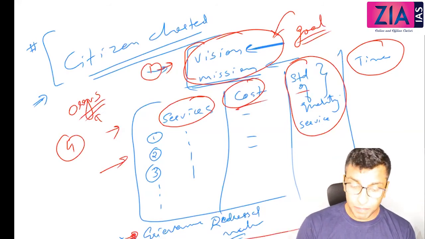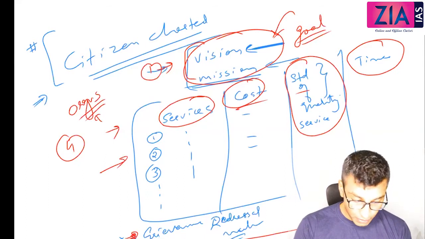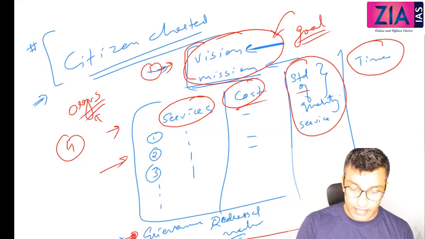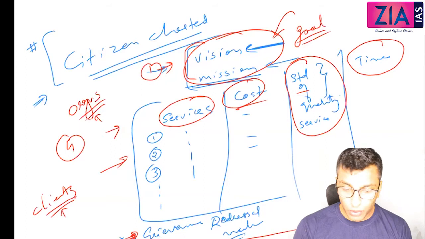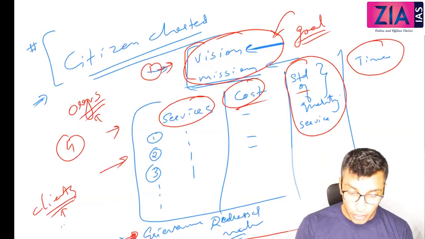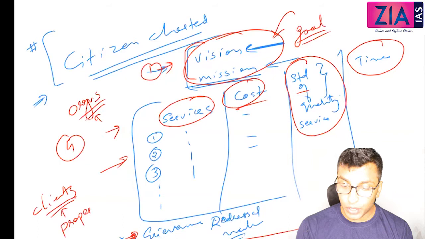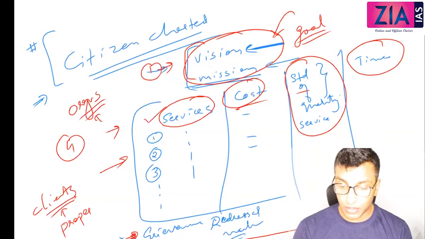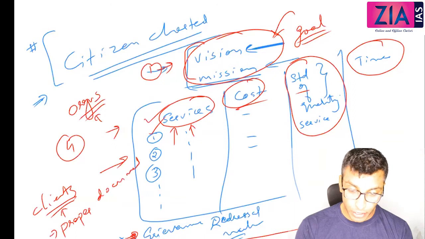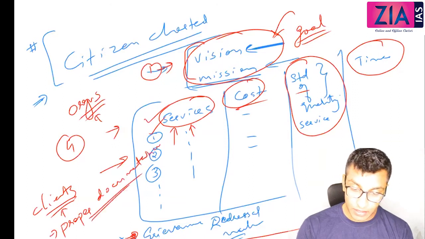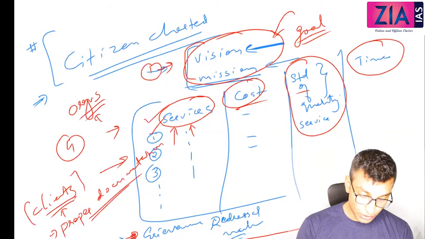Then at the same time, there will be expectation from the consumer also. What is the expectation from the consumer or the clients or the citizens when we discuss government organizations? The expectation is that it includes all the proper documentation. If you want to attain some services, you need to provide all the certificates which prove the eligibility criteria. So proper documentation is expected from the clients or the consumers or the citizens.